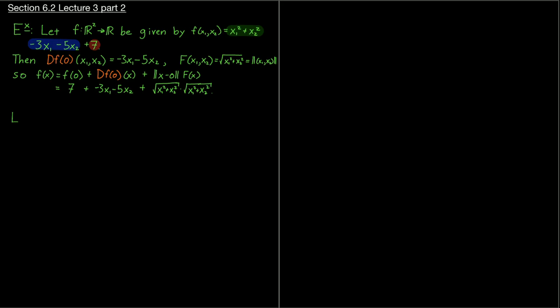Here is another example. Let's let, in this case, f be a real function from the real numbers to the real numbers as we know and love. Let's let f of x be, let's say, sine of x.